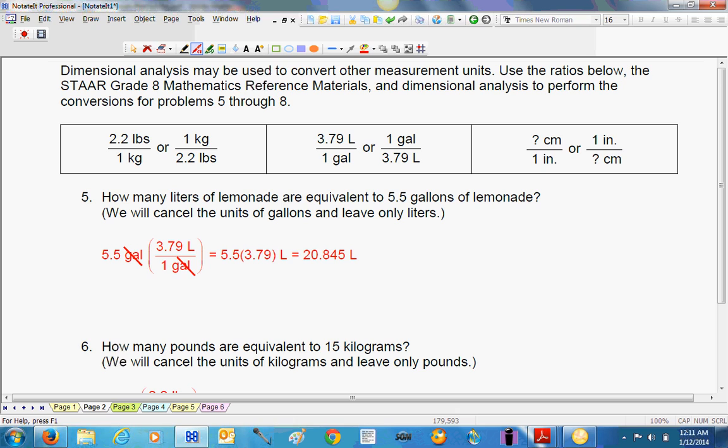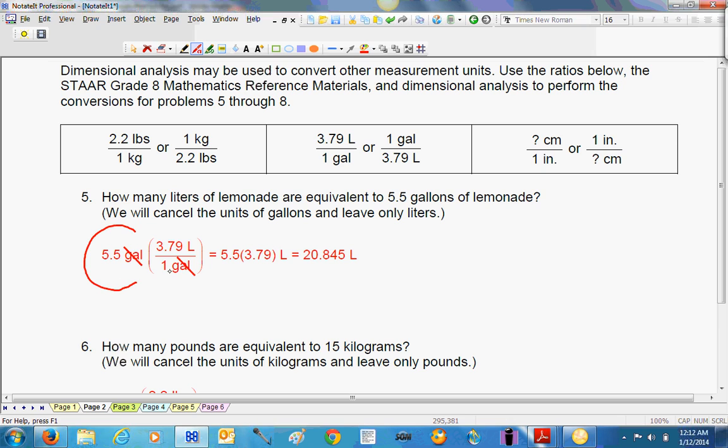So let's see, how many liters of lemonade are equivalent to 5.5 gallons? We're converting gallons to liters. So notice we have 5.5 here, and liters is on the top. So 3.79 liters, 1 gallon.